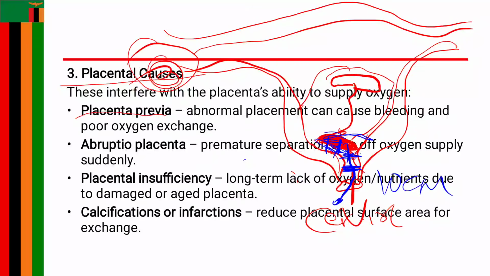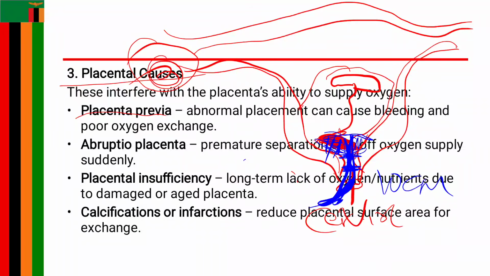Then when we talk of grade 4 placenta previa, where the entire maternal site of the placenta is covering the cervix, this tearing and bleeding may even occur before the mother reaches term, or before the mother reaches 9 months, because the stretching effect of the uterus as the baby grows may cause tearing and rupture of the blood vessels on the maternal site, making the mother bleed way before going into term.